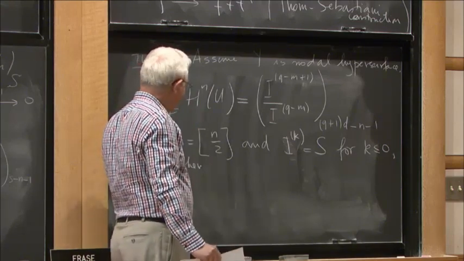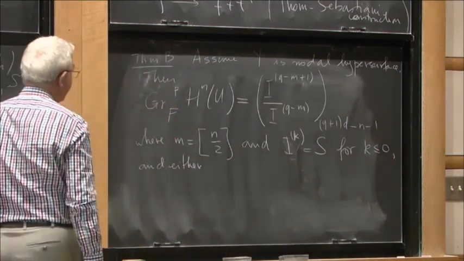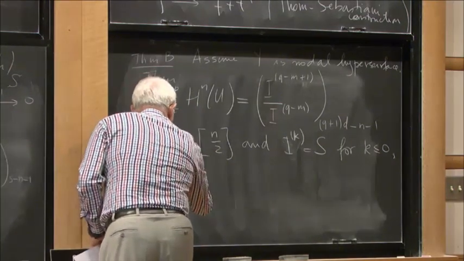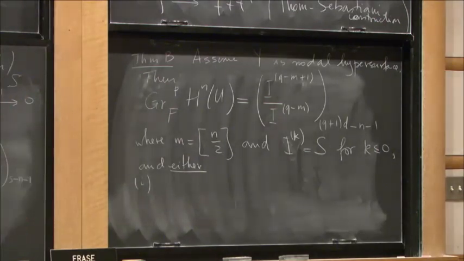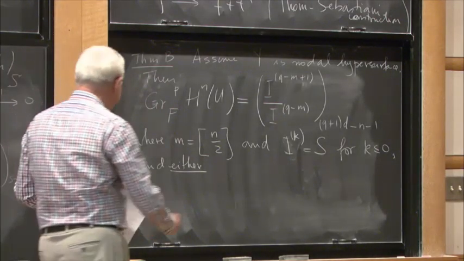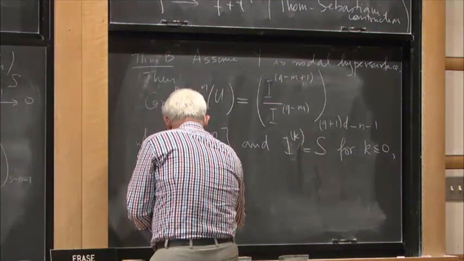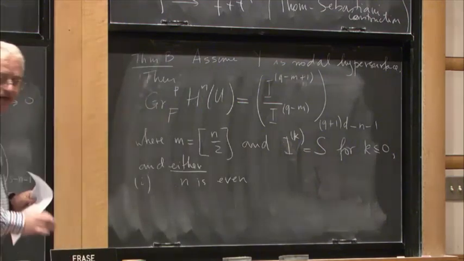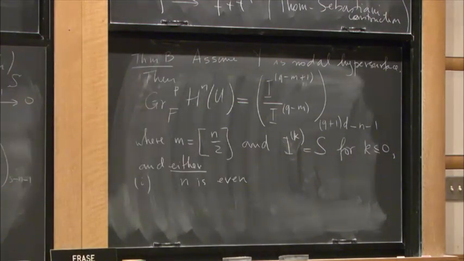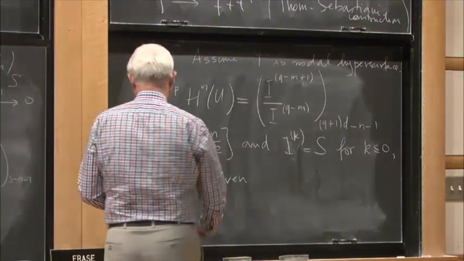And now we have to add some extra conditions. If one of these is satisfied, then the above formula is okay. For instance, if n is even, everything works fine, so there are no more conditions to add.